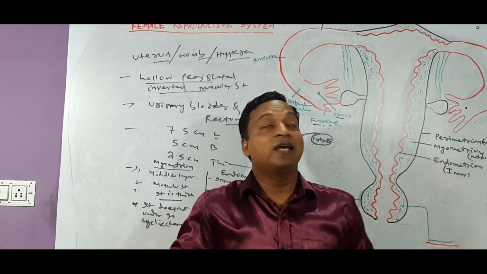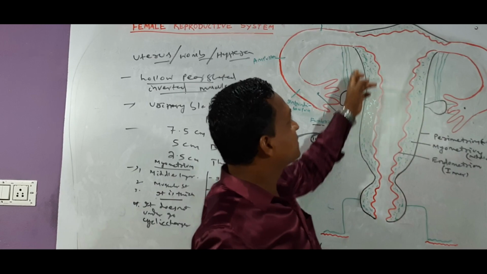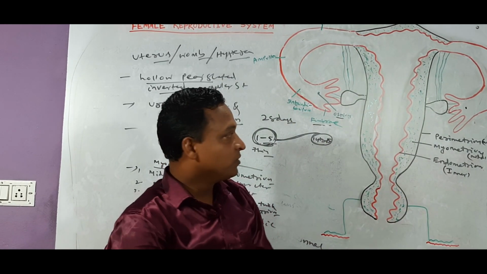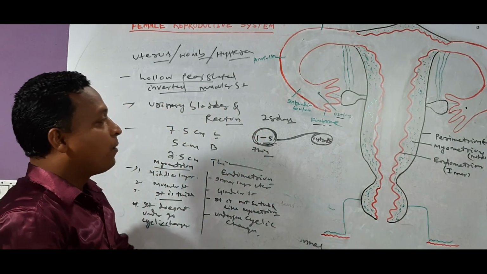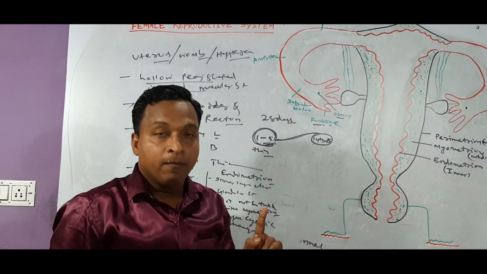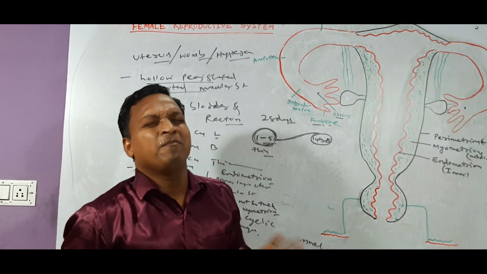It develops completely from the blastula into a human baby, and the complete development from embryo to baby takes place inside the uterus. So this is the basic fundamental about endometrium. Another additional point: endometrium helps in implantation of blastula or embryo.